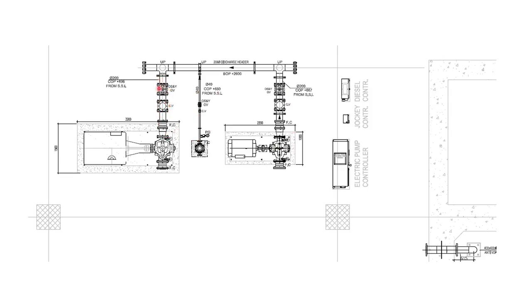As you can see on your screen, you have a check valve and gate valve on the discharge line of the diesel fire pump, and here also you can see these valves for the jockey pump. Also for the electric fire pump, we have shown a check valve and gate valve on the discharge side of the fire pump.